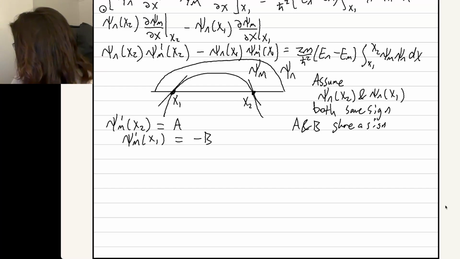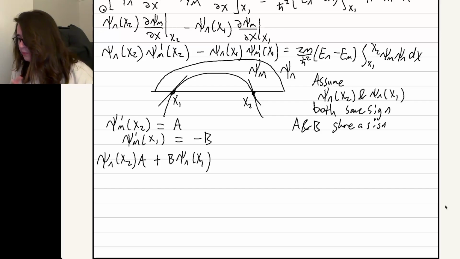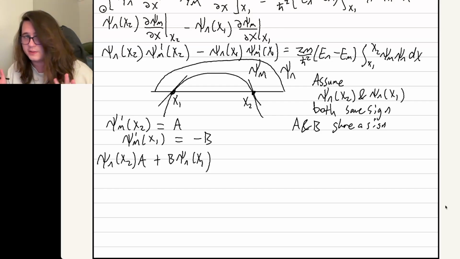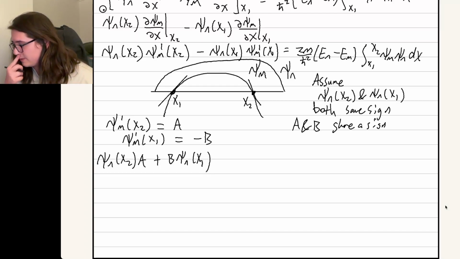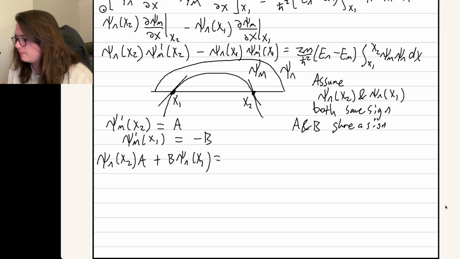And now we can write the left-hand side of this equation up here as psi n of x2 times a plus b times psi n of x1. And now the whole left-hand side is just some kind of positive constant or negative constant, depending on the sign of psi n of x2. The point being, it's definitely not 0. It's some kind of value, right?